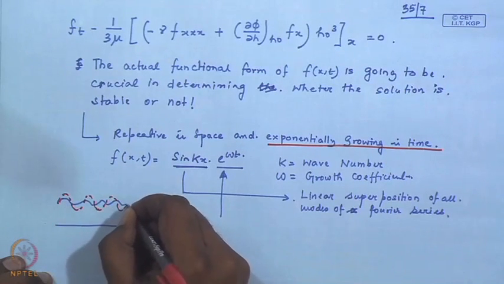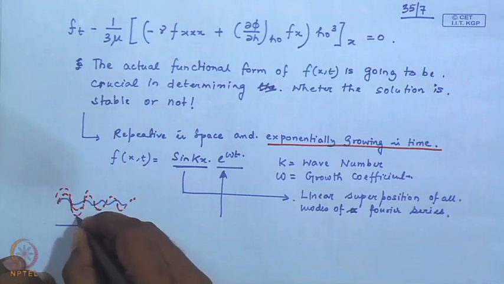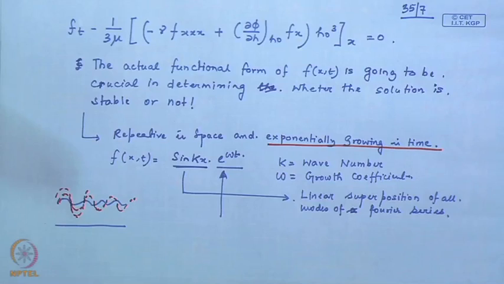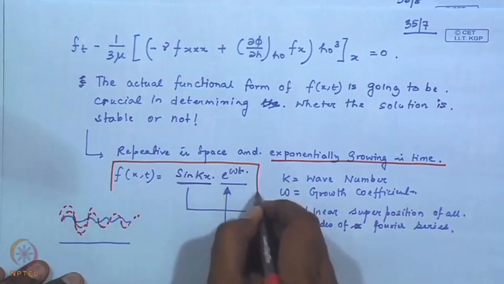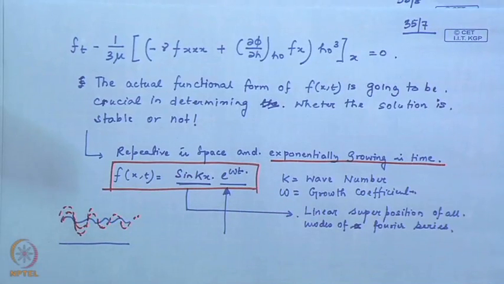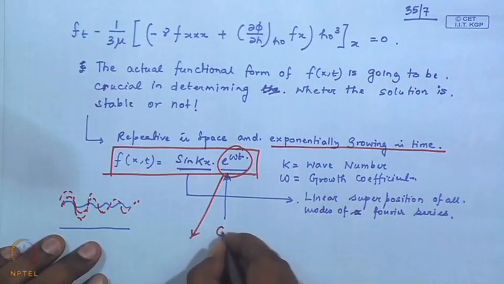It becomes possible only when these interfacial fluctuations grow and the amplitude of the growing fluctuations matches that of the film thickness. Only then can one argue that the film has ruptured. So, from this perturbation function, a growth of this amplitude is only possible.